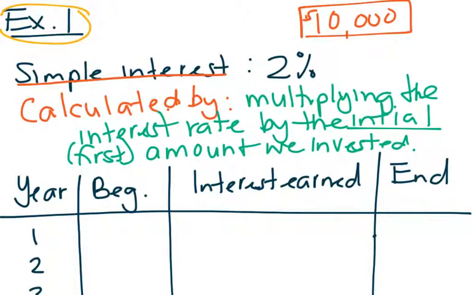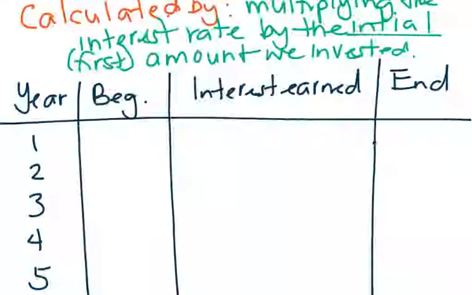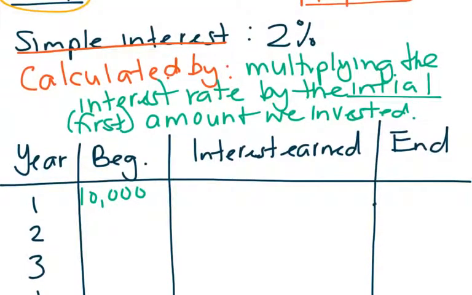Okay. So if we start filling in our chart, at year 1, what we're beginning with is $10,000. So I'm going to put 10,000 in here. And now we're going to calculate the interest that we've earned. So go back to our notes. We're dealing with simple interest, don't forget.